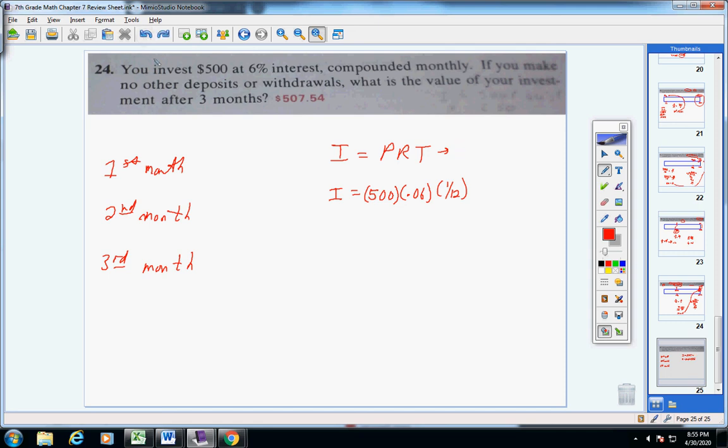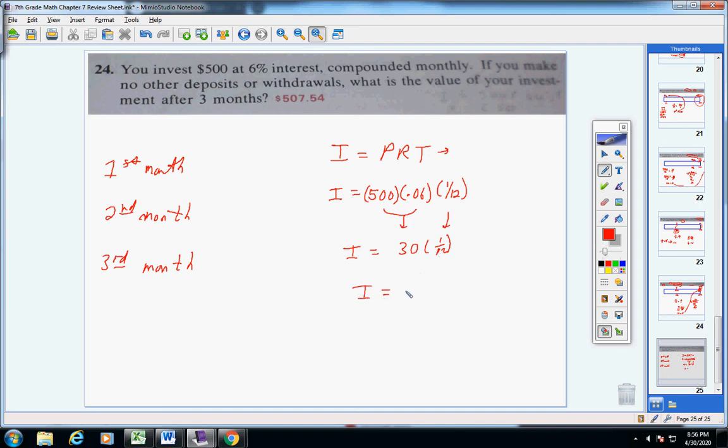Now guys, use your calculators like I told you to. So 500 times 0.06. Multiply these two numbers together and you get 30. Okay? And now bring down your 1/12 and 30 times 1/12 is 2.50.